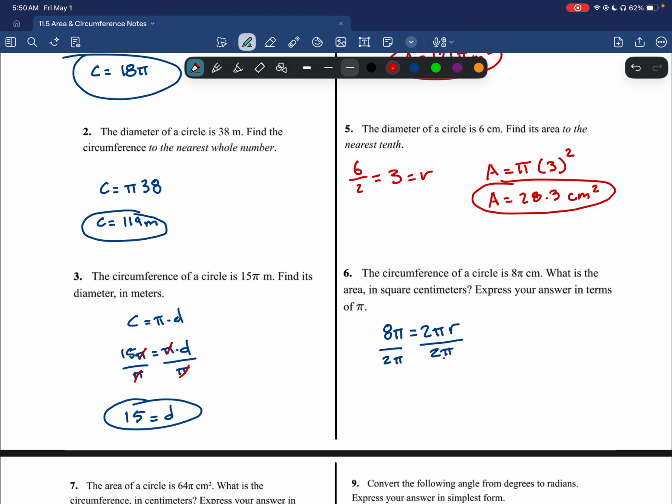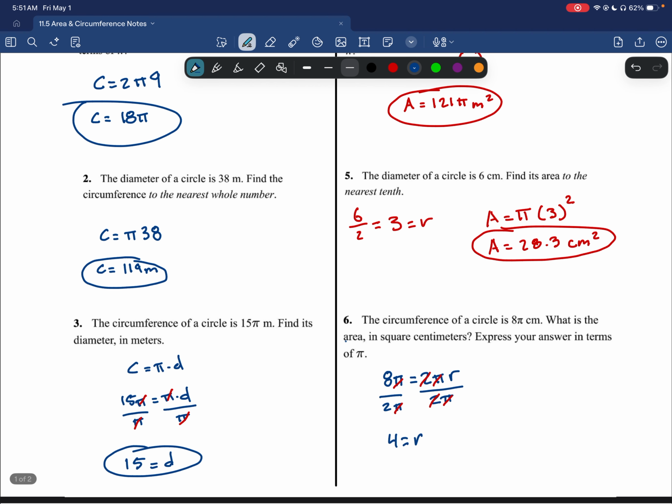When I divide by 2 pi, pi's cancel on the right, pi's cancel on the left, 2's cancel on the right, and then 8 divided by 2 is just 4. So I got 4 is equal to just r because it's the only thing that didn't cancel. Okay, so I now know the radius. It's 4.